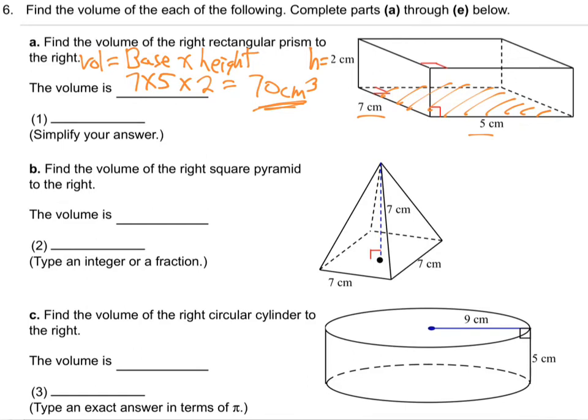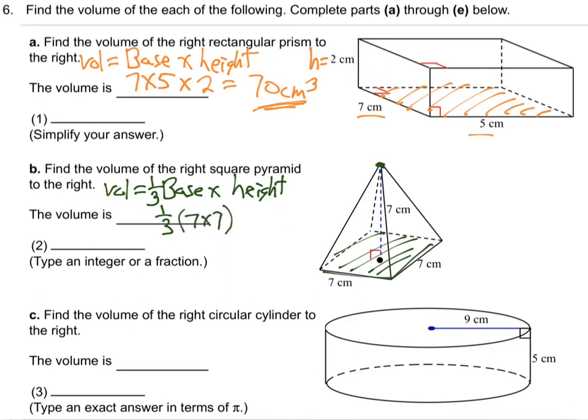Okay, part B. Comes to a point, it's a pyramid. So the volume of these kind of shapes, again, it's the area of the base times the height, but you throw a 1/3 in front because anything that comes to a point only has 1/3 of its volume. So it's 1/3. What's the base? 7 by 7. 7 times 7 square.